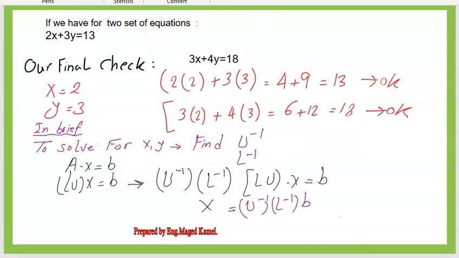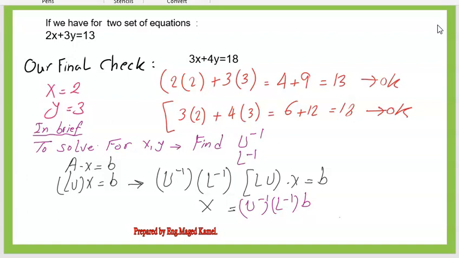Last step, we would like to check if our solution is correct. So we substitute in the two equations, which are 2x plus 3y equal to 13 and 3x plus 4y equal to 18. We introduce the x value as equal to 2 and the y value equal to 3.